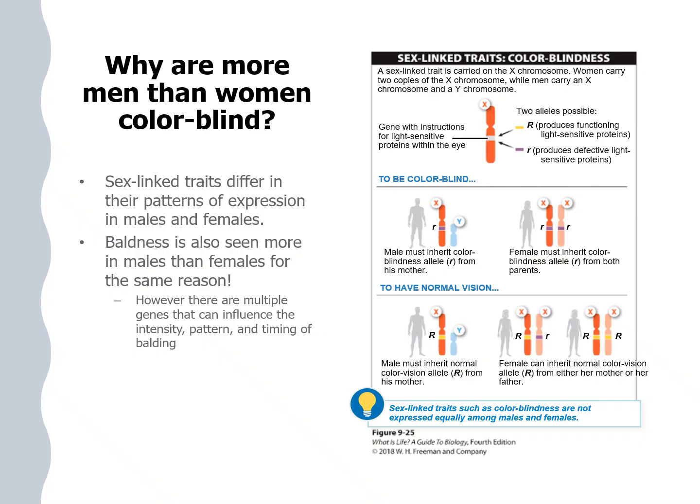So, moving on to inheritance patterns that can be kind of weird. When it comes to sex-linked traits, remember that this is going to be a trait that is found on the sex chromosome, almost always the X chromosome. Everybody on the planet, every human, has a minimum of one X chromosome.